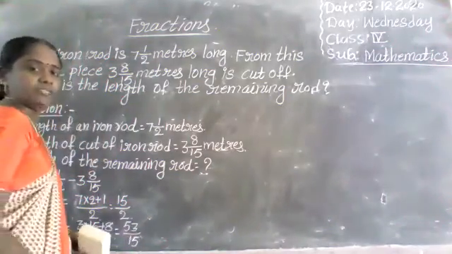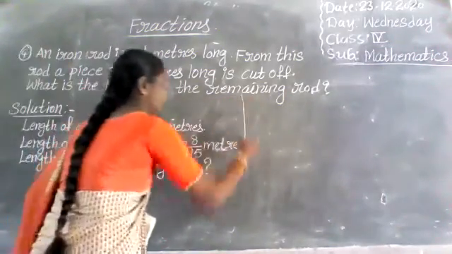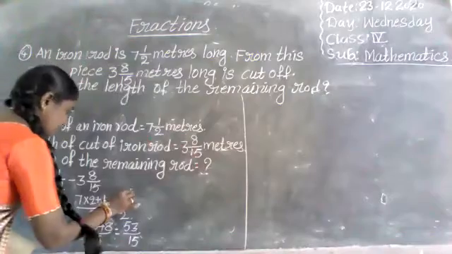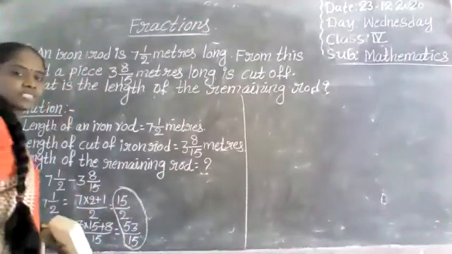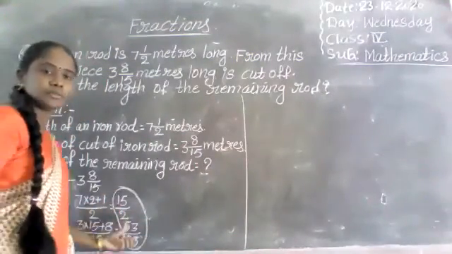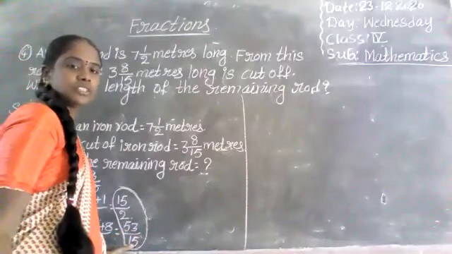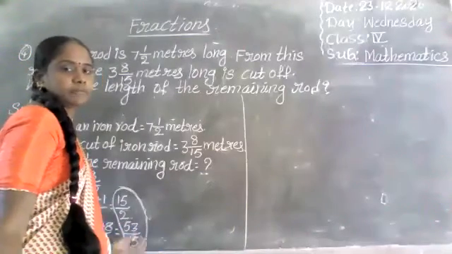Okay. Now, subtract these fractions: 15/2 minus 53/15.